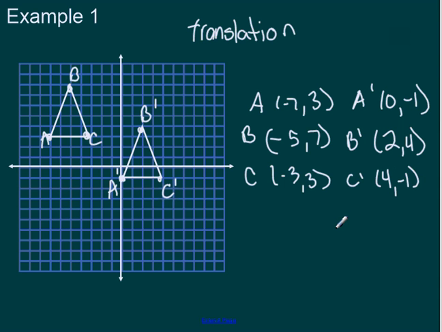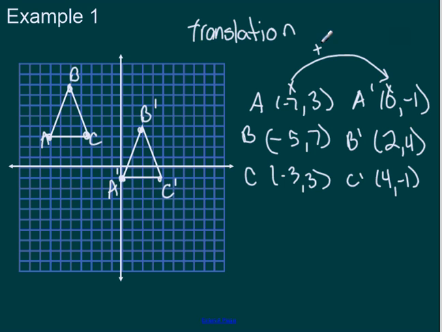Okay, so now that we have these, we're going to be looking for some patterns. We know it's just a slide, so it's just simply move it a certain number this direction and a certain number of points that direction. So let's compare the x value of A with the x value of A prime. To get from -7 to 0, what do you have to do?